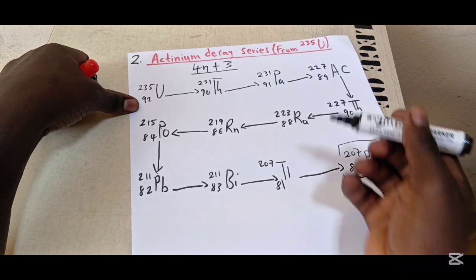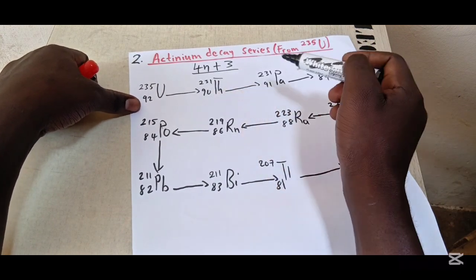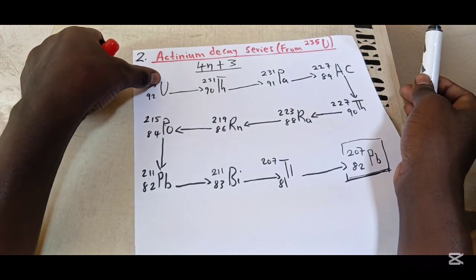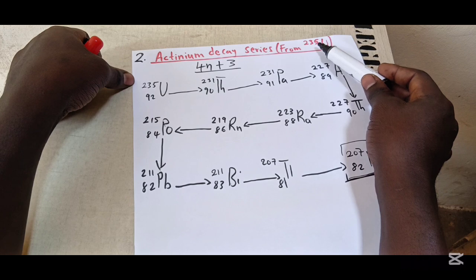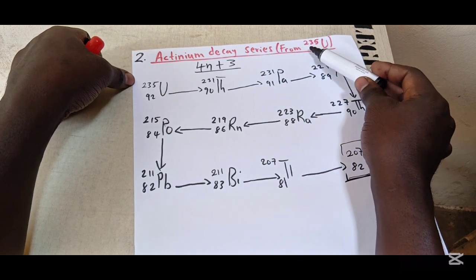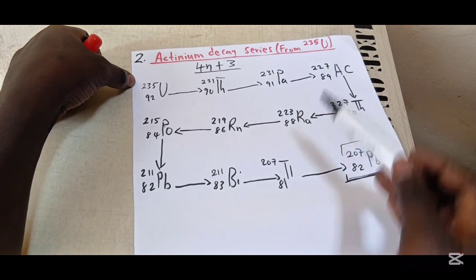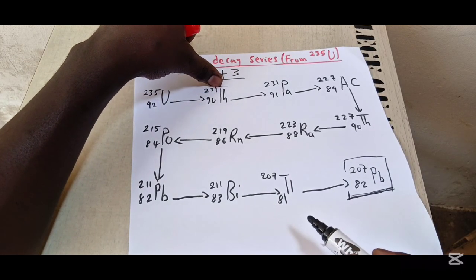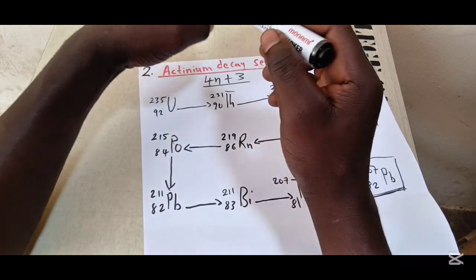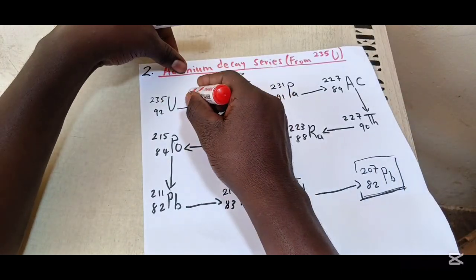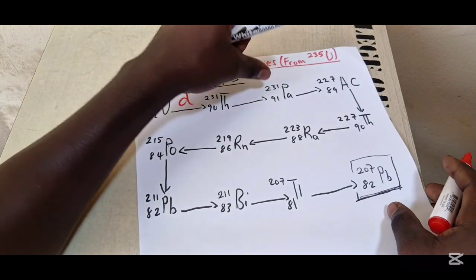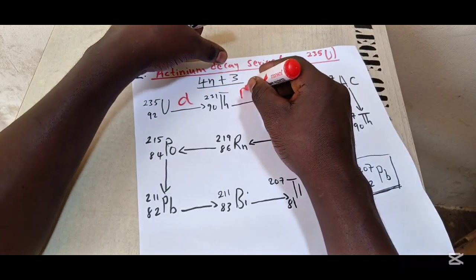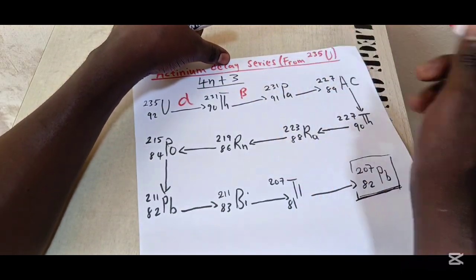Now that we know that alpha particles affect mass and proton number, and beta particles affect the number of protons too, looking at this, we have 235. Don't forget your starting material. For the actinium decay series, the starting material is 235. So we have 235 and 231 here. This means we have a decrease in mass by 4, and definitely it is going to be alpha decay. Here, 231 and 231, we have no effect in mass number, but we have an effect in proton number, which is beta decay.